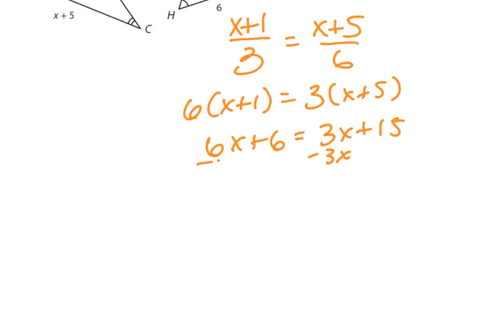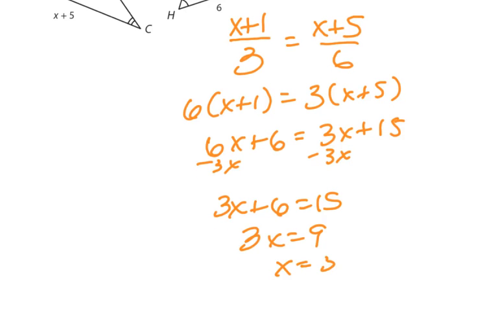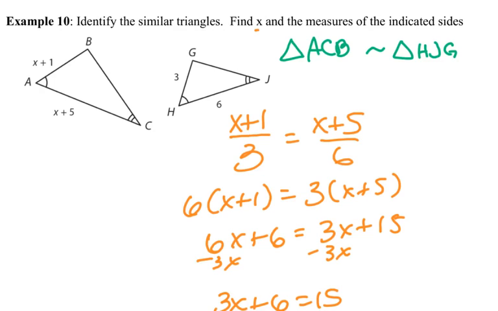Subtract 3x from both sides. So 3x plus 6 equals 15. Subtract 6 from both sides. And so x is equal to 3. So the question, find x, which is 3, and the measure of the indicated side. So 3 plus 1 is 4, and 3 plus 5 is 8. So 4 to 8 equals 3 to 6, which sounds great.